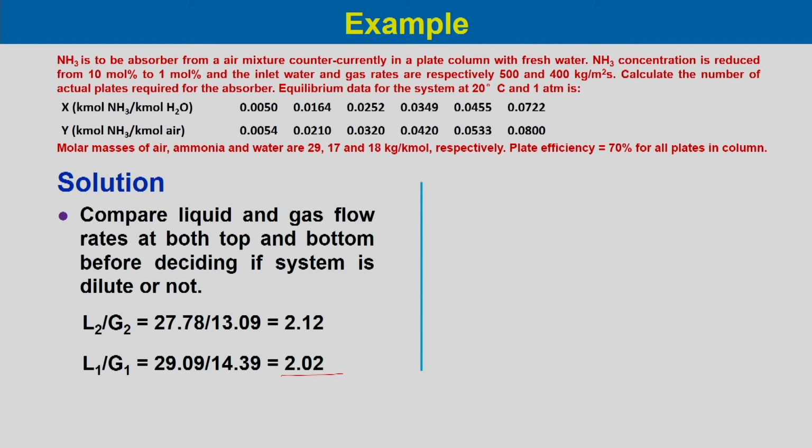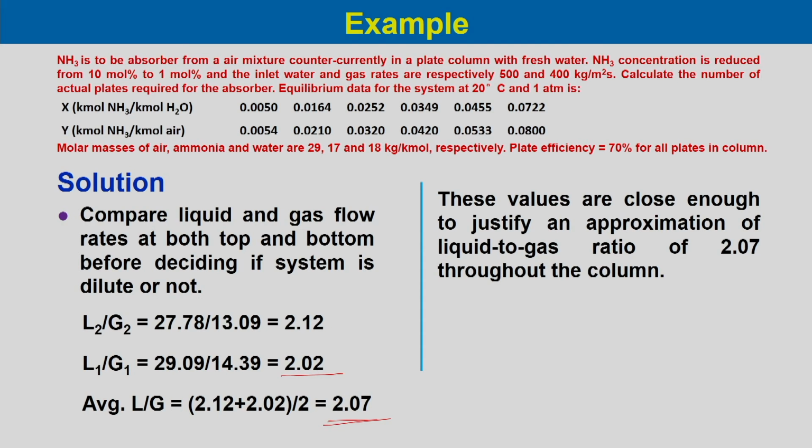The average L by G is 2.12 plus 2.02 divided by 2, which is 2.07. So, L by G values are almost close to each other and we can assume they are constant. These values are close enough to justify an approximation of the liquid to gas ratio of 2.07 throughout the column.